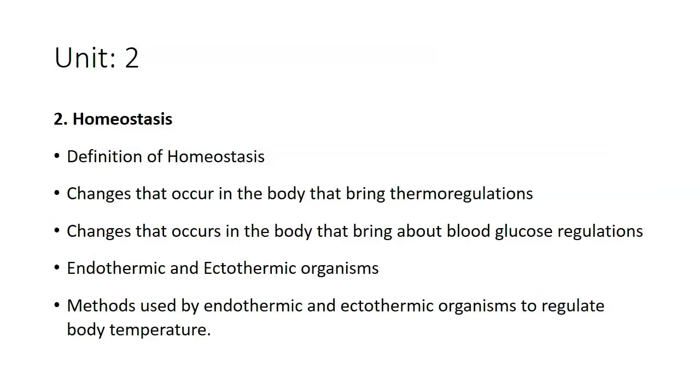Whereas for the ectothermic organisms, their internal temperature relies on the external environment. For example, the snakes and the reptiles: when the environment temperature rises, so does their body temperature.